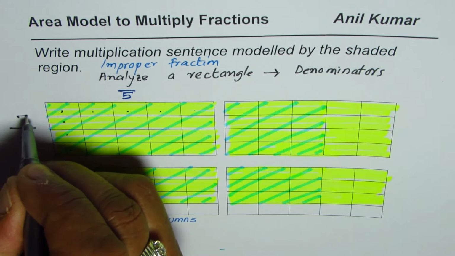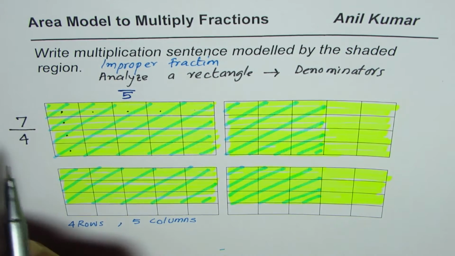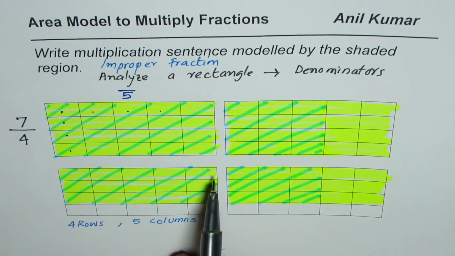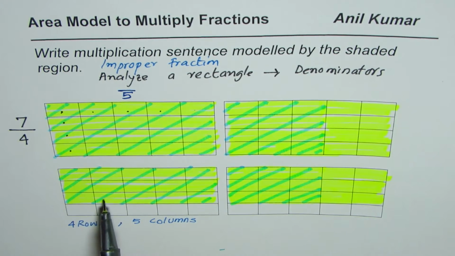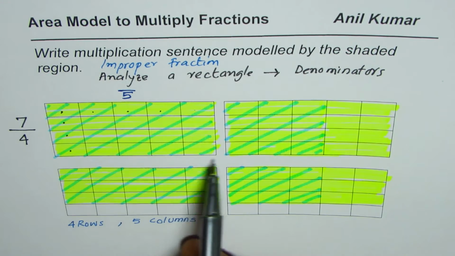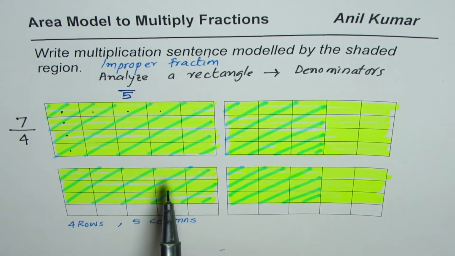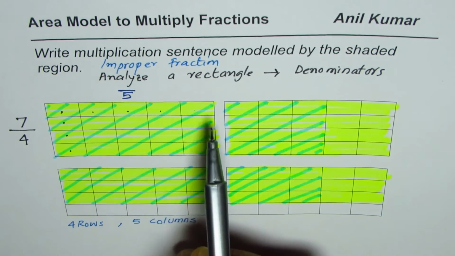So 7 have been shaded. Since 7 is greater than 4, we had to draw another rectangle, so 3 from the other rectangle. So 1 whole and 3 out of 4, that is 7 over 4.